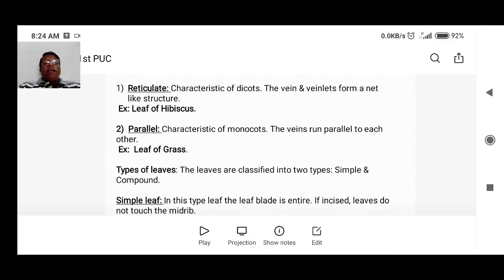Once again, simple leaf is a type of leaf in which leaf blade is not dissected or divided. It is entire. Suppose if it is incised, the division is not touching the midrib. That is simple leaf.